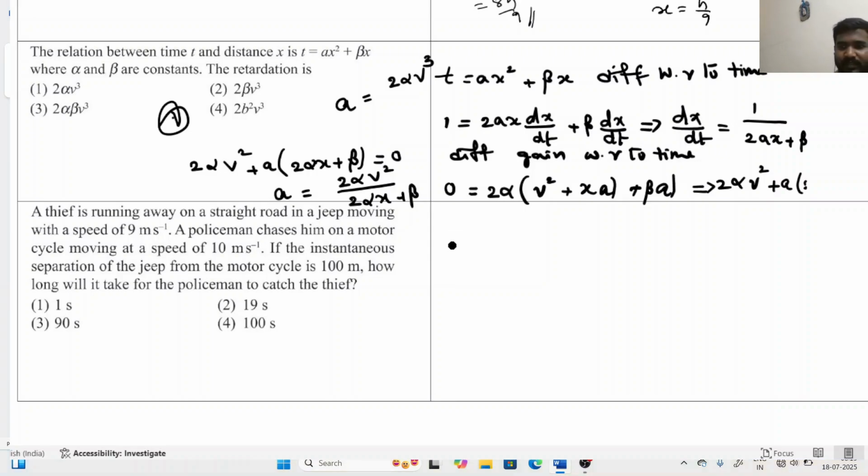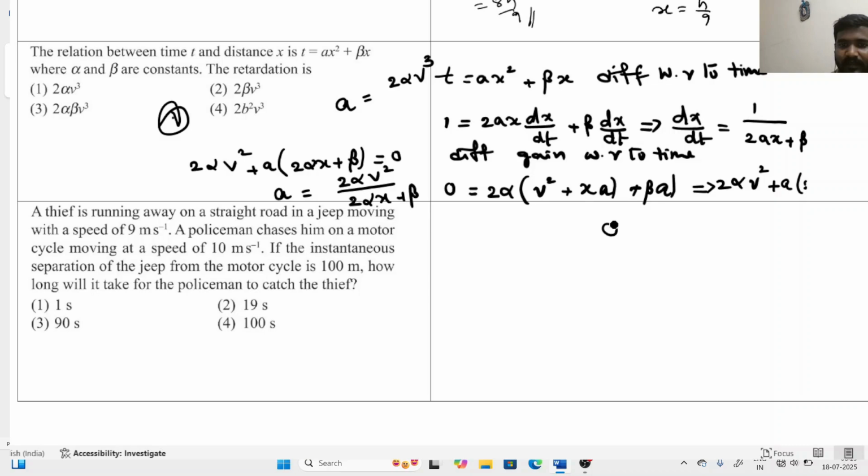Next question. A thief is moving with a speed of 9 meters per second. A policeman chases him on a motorcycle moving at a speed of 10 meters per second.